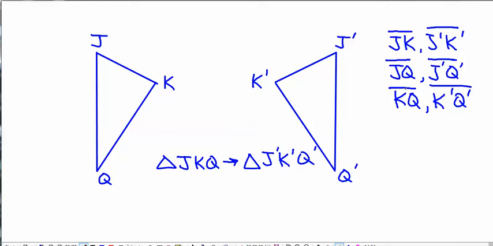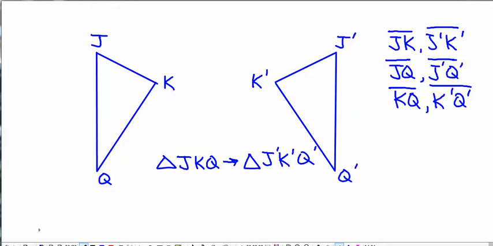Because you can replace the word image with after, can't you? So what is the after of angle F? F prime. What's the after of angle H? H prime, good. What side corresponds to FE? F prime, E prime, right? What side corresponds to EH? E prime, H prime. Very good. Okay?